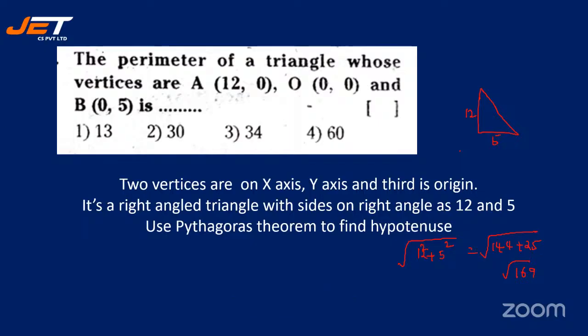So it should be option 1, that is 13. Let's check the answer. Just a second. Let me see. 12 12s are 144.